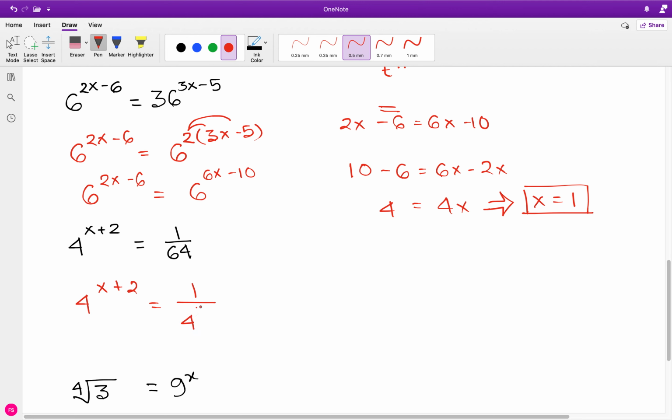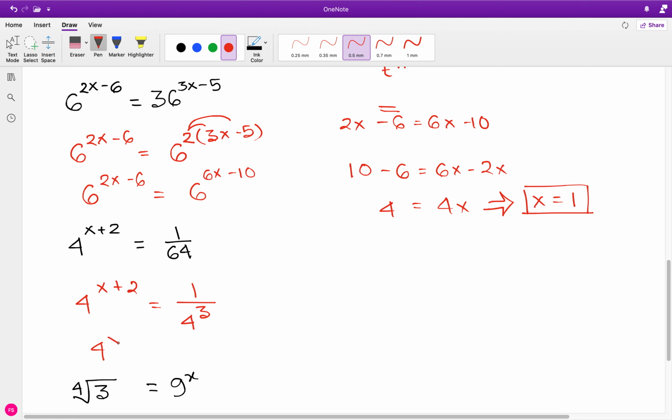Let me write 4 to the power of 3, but because I want to have the same base, I can't have 1 over 4. That means you need to move this 4 up here in the numerator. If the power of this is positive, when you change it, it's going to be negative this time.